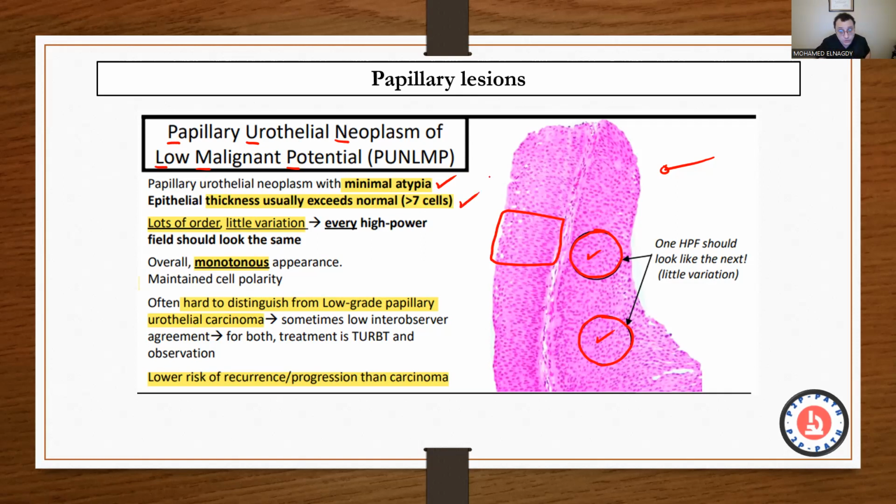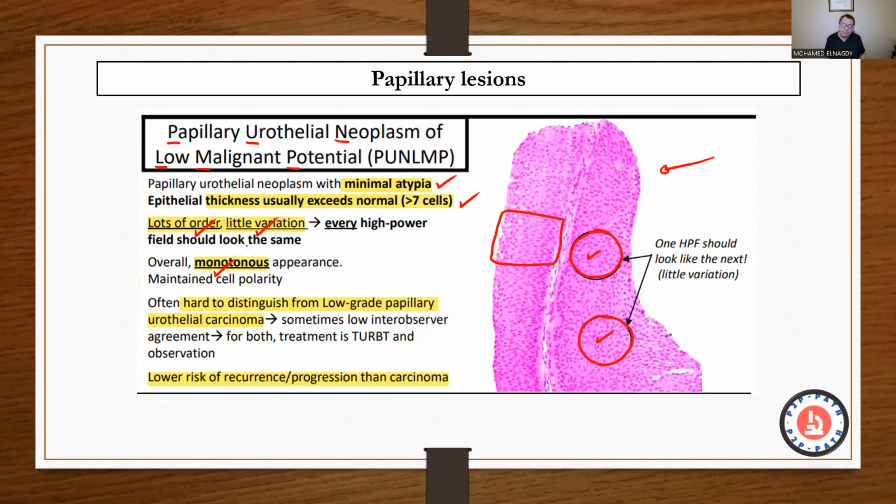The epithelial thickness is usually thick, to the point that you feel like this is just a thickened urothelium forming some kind of finger papillae. There is order, organization, and there is little variation, to the point that you feel like any high power field looks like the other. It's a mirror image. This we call monotonous appearance. Okay. So this we'll call PUNLMP.